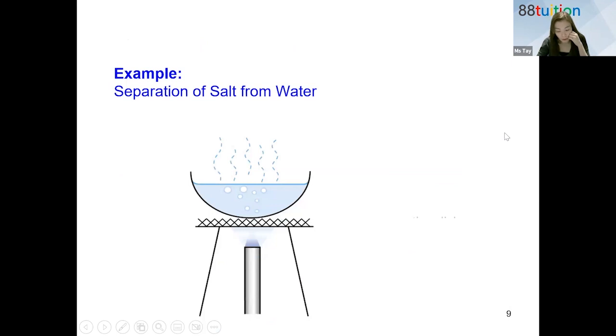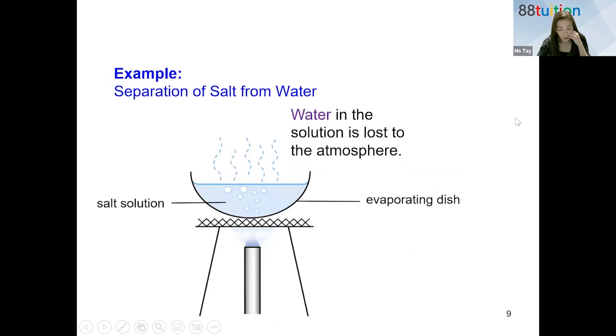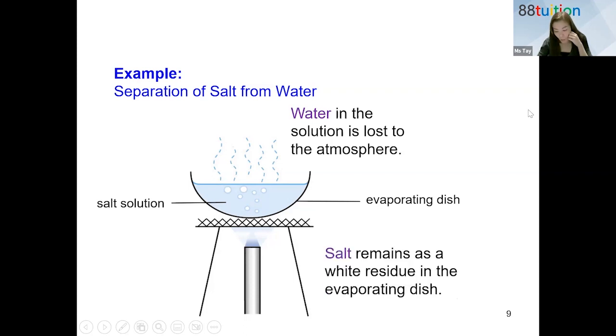This is salt solution, put in the evaporating dish. The water in the solution is lost to the atmosphere, and what you have will be just salt remaining as a white residue. See, the term used again is residue. So white residue is left behind in the evaporating dish.